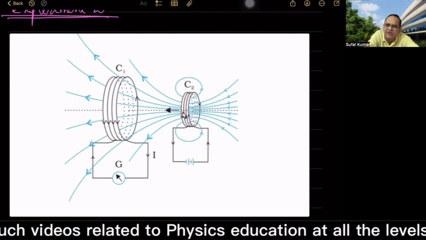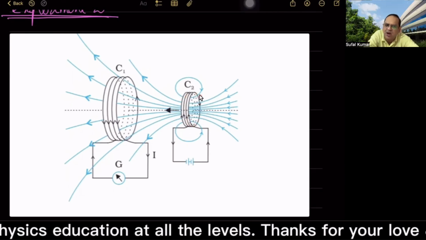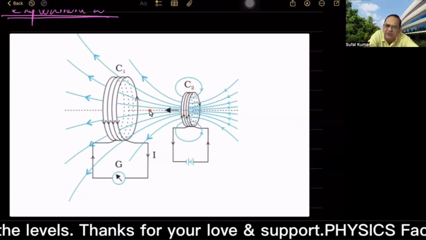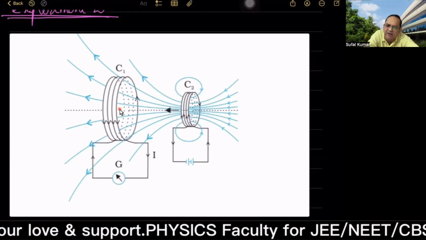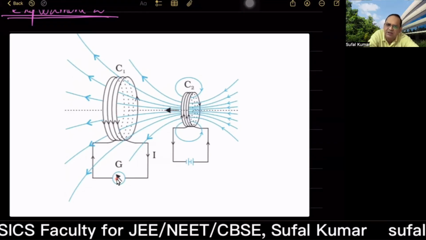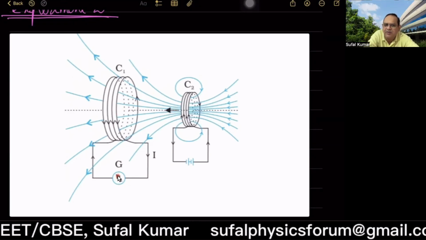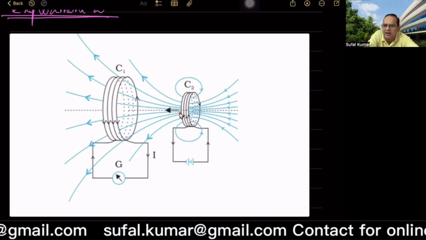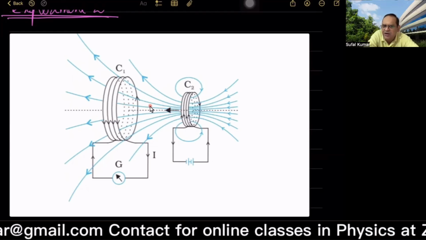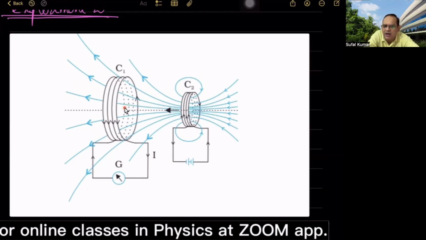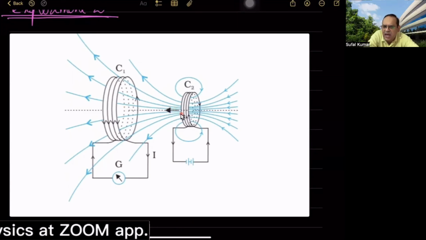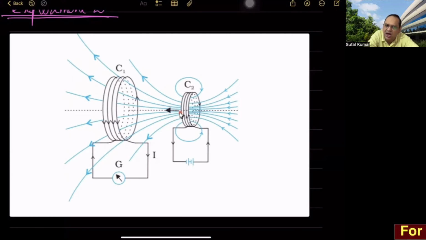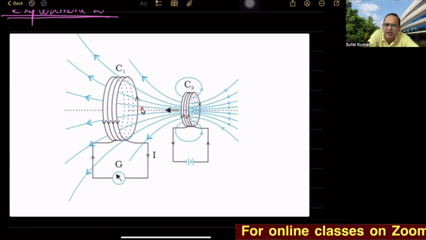This coil is approaching the coil having only a galvanometer connected. Here, what do we observe? In this battery operated current coil, the end which is nearer to the coil having the galvanometer has anti-clockwise current, that means north pole again, and effectively a north pole is approaching.